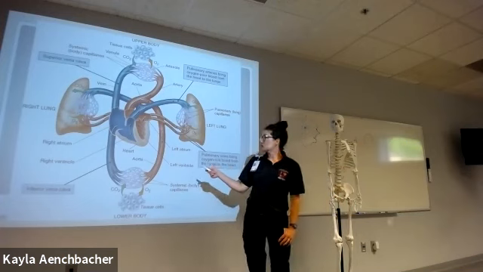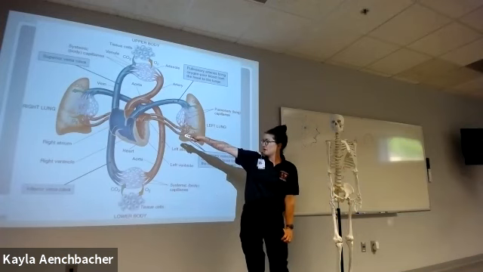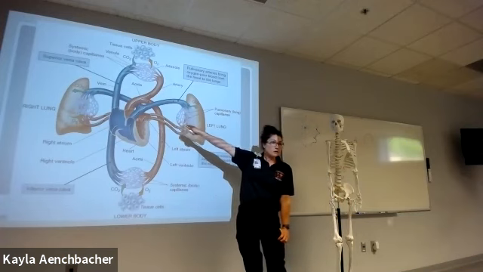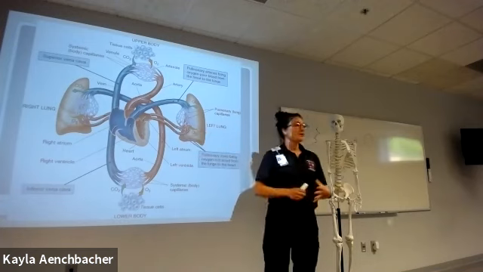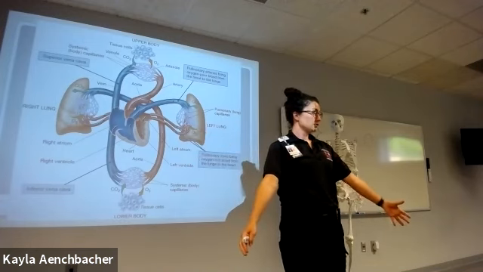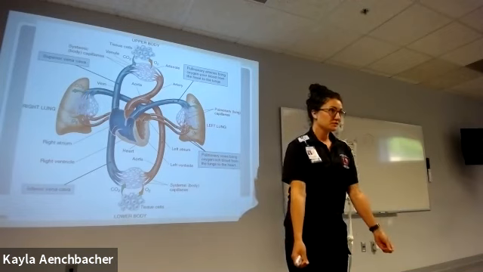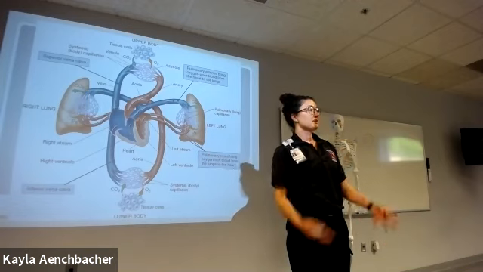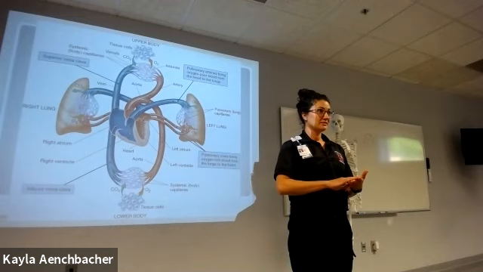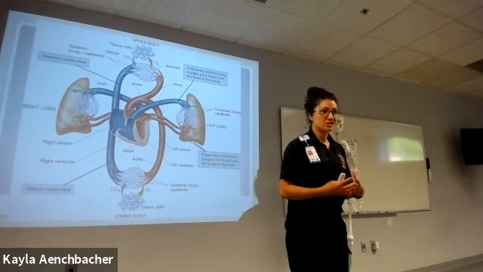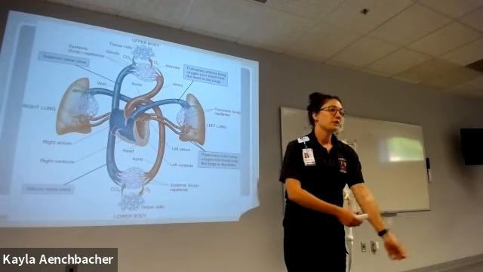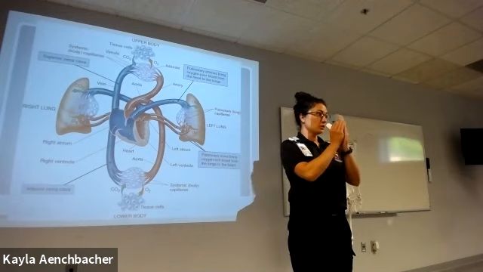From the left ventricle, I'm gonna go through the aortic valve to my aorta, to my systemic arteries, to my systemic arterioles, to my systemic capillary beds. Now I've done the gas exchange again. And now I'm going to turn into my systemic venules.